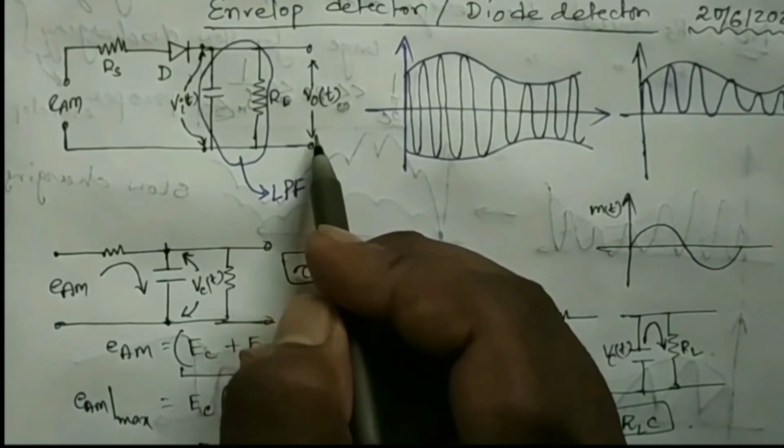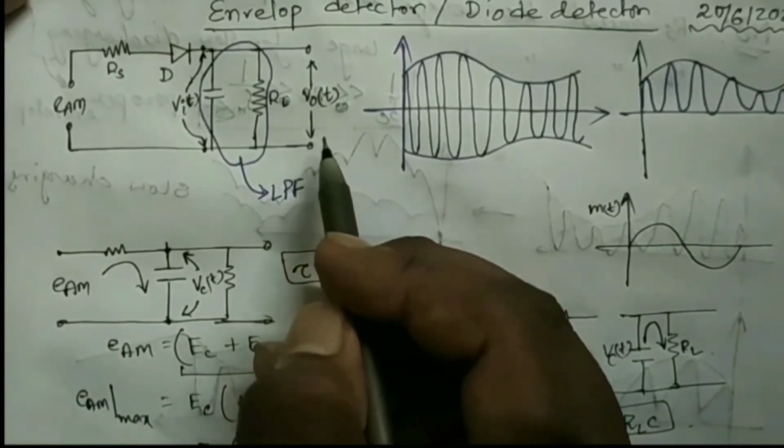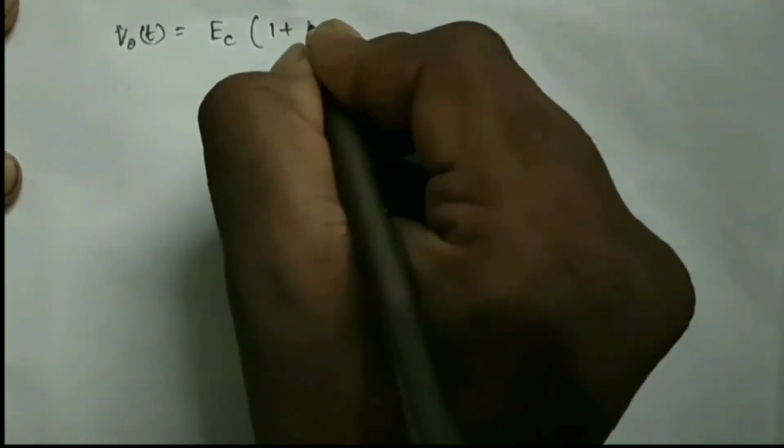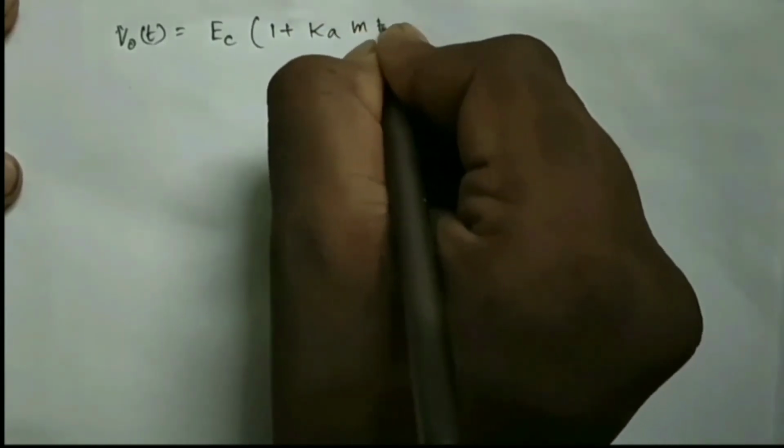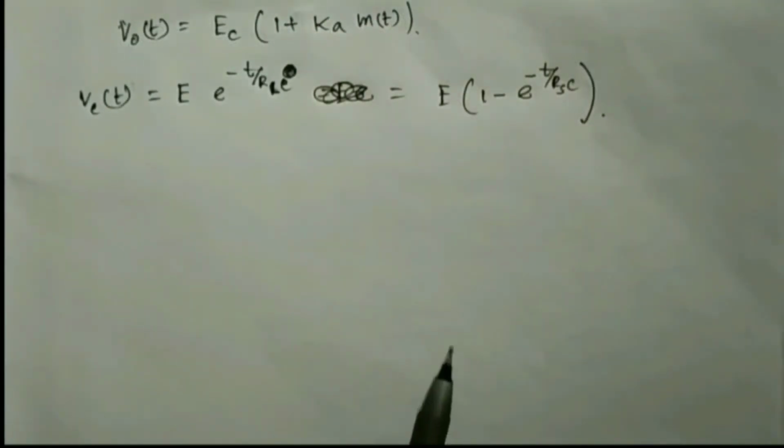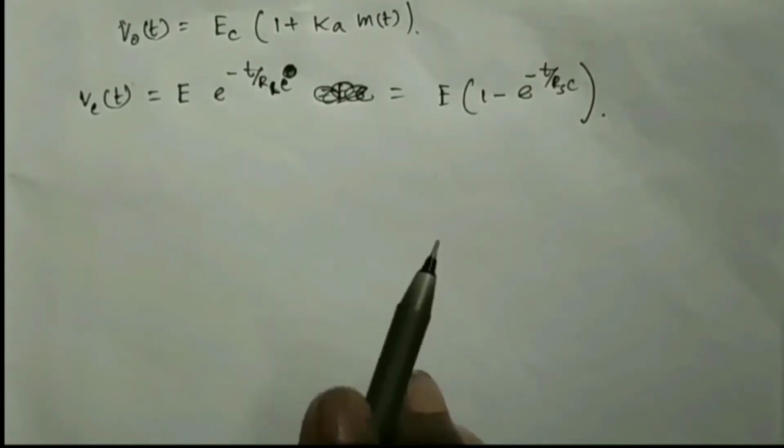formation. So since the low pass filter suppresses all signals except the message signal, the output VOT will be EC into 1 plus K into MT, and the equation for charging and discharging are these.